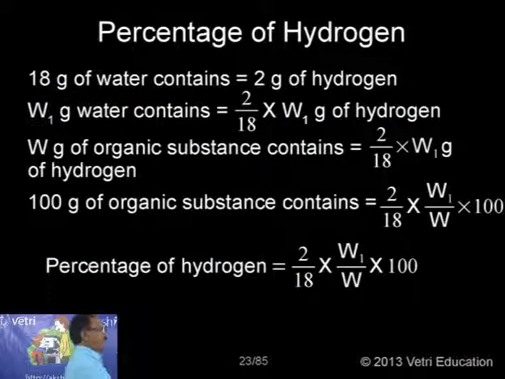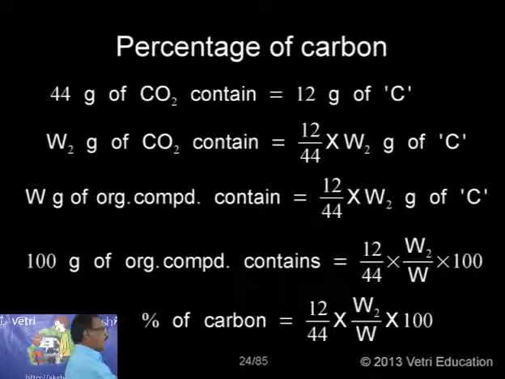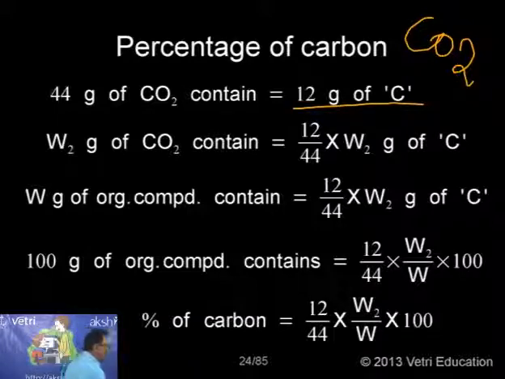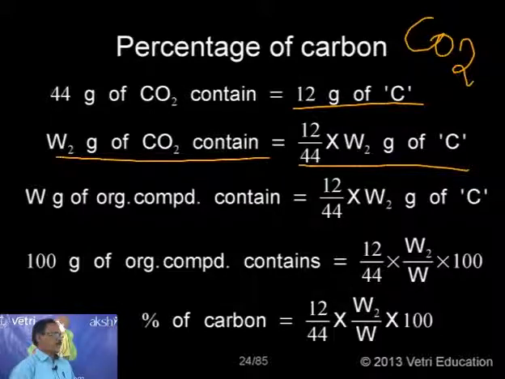Next, percentage of carbon. For carbon dioxide, the molecular formula is CO2. So 44 grams of carbon dioxide contains 12 grams of carbon. So W2 grams of carbon dioxide contains 12 by 44 into W2 grams of carbon.